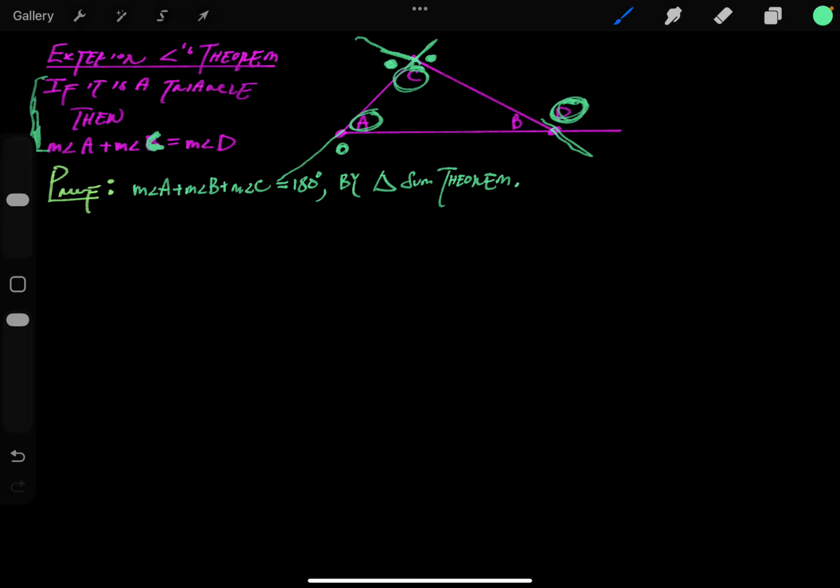Then you could say that B plus D clearly form a line. I haven't named this line, but you can give it a name if you want. If you just say they form line AB or line AD, it's sort of clear. But the measure of B plus the measure of D is also equal to 180 degrees, since they form a line.